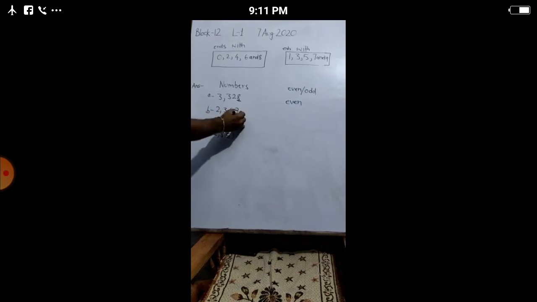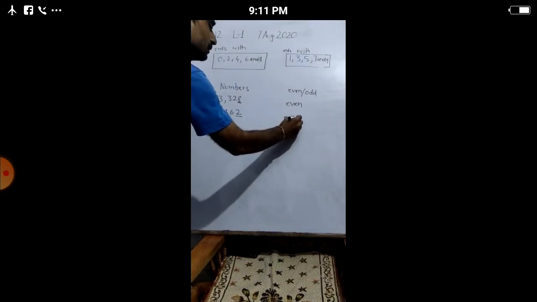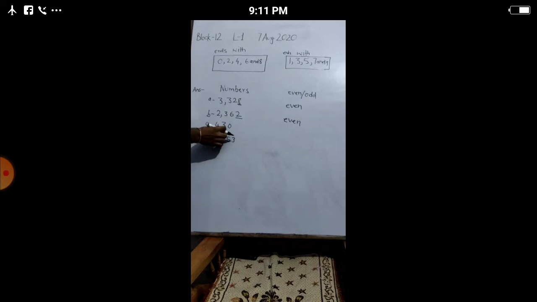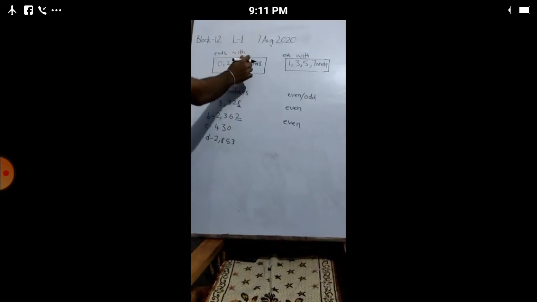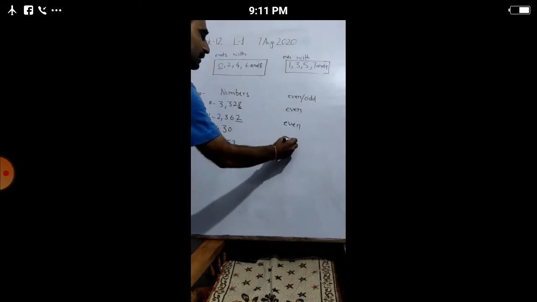Now children, this is B, 2362. So it ends with 2. So it is also an even number. Here children you can see it is 430. So this number ends with 0, it belongs to this table. So it is also an even number.